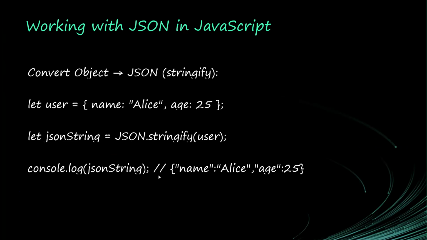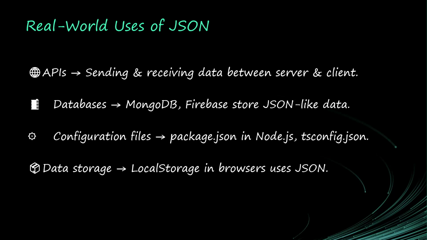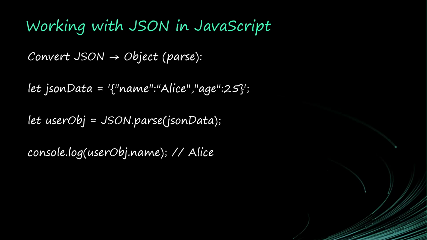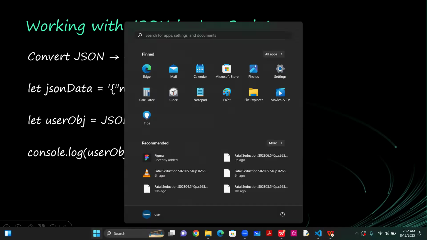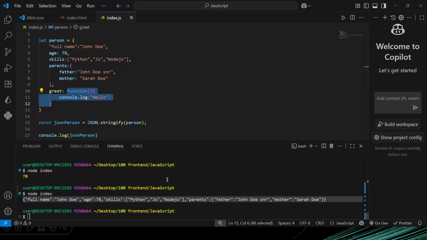So I can also convert JSON to an object. If I go back, I already have a JSON string here. This is a JSON string. So I will copy it.